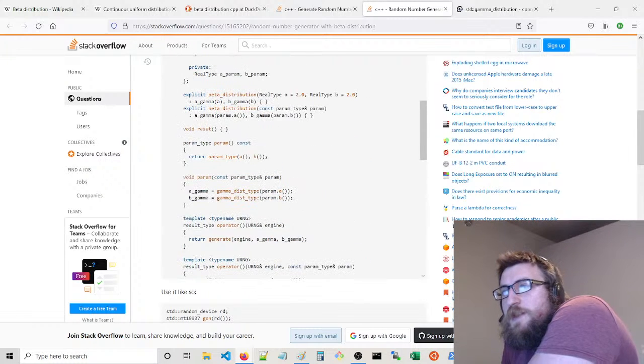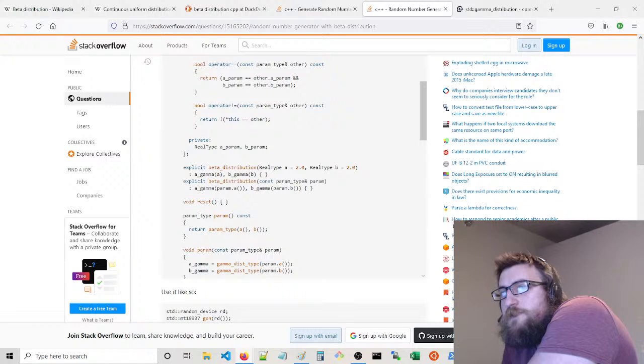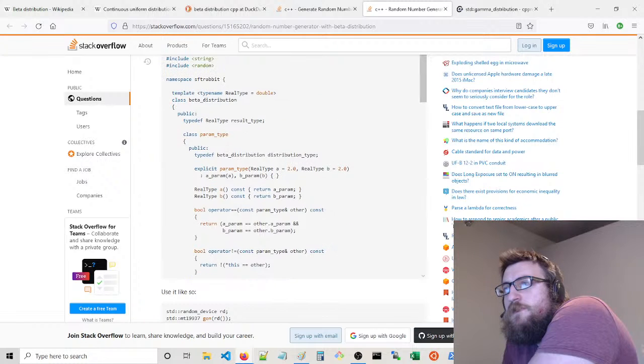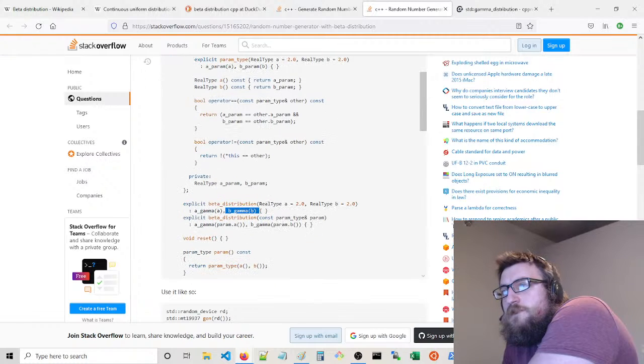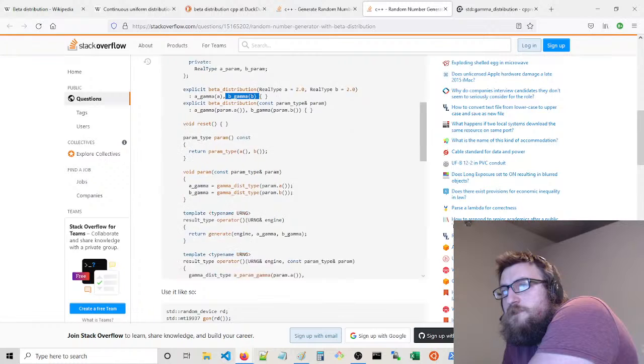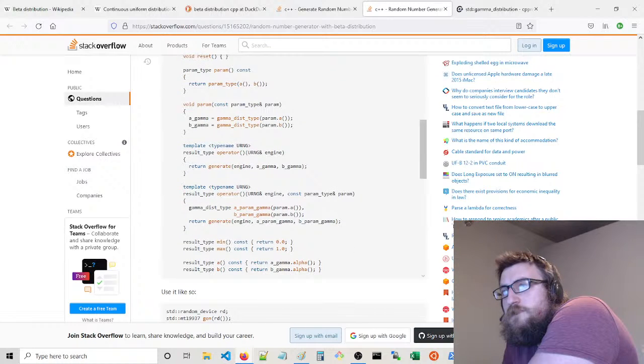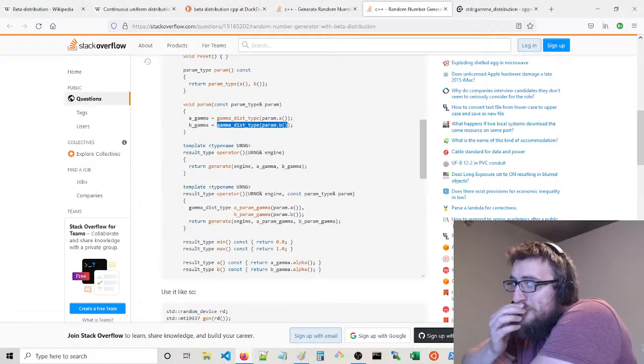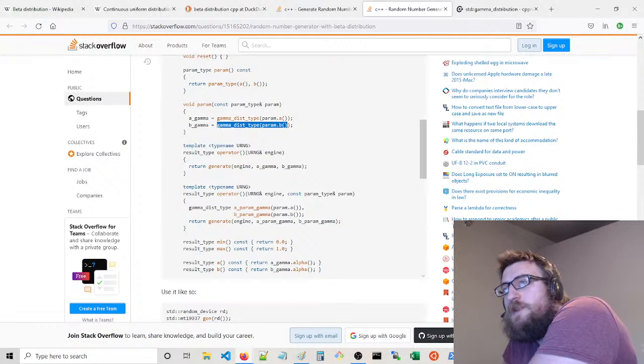But what is x gamma and y gamma set to? A gamma A, B gamma B. Prim A, prim B. Yeah, it's A0, 0B for the second one.